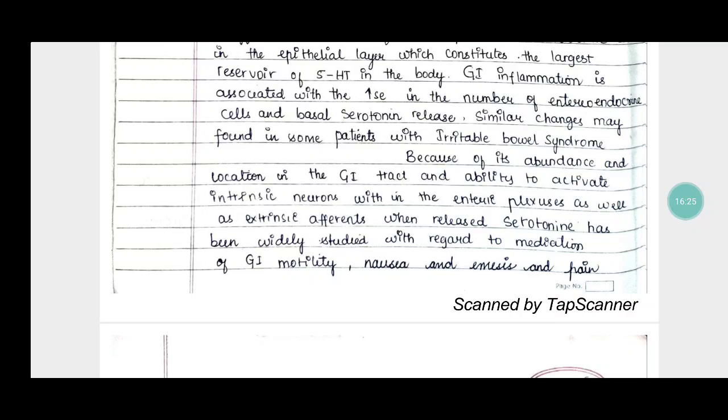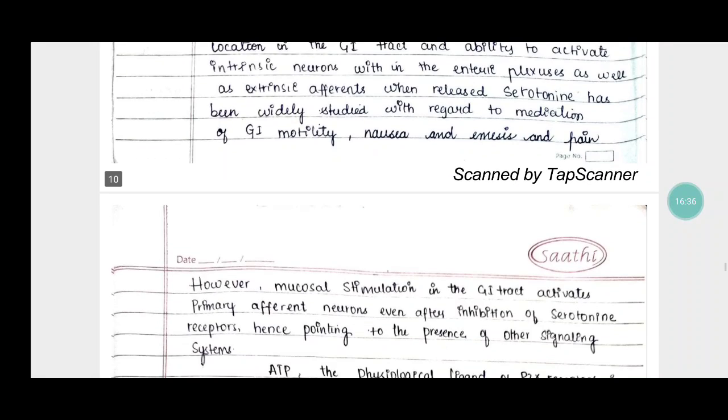When released, serotonin has been widely studied with regard to the medication of GI motility, nausea, emesis and pain.